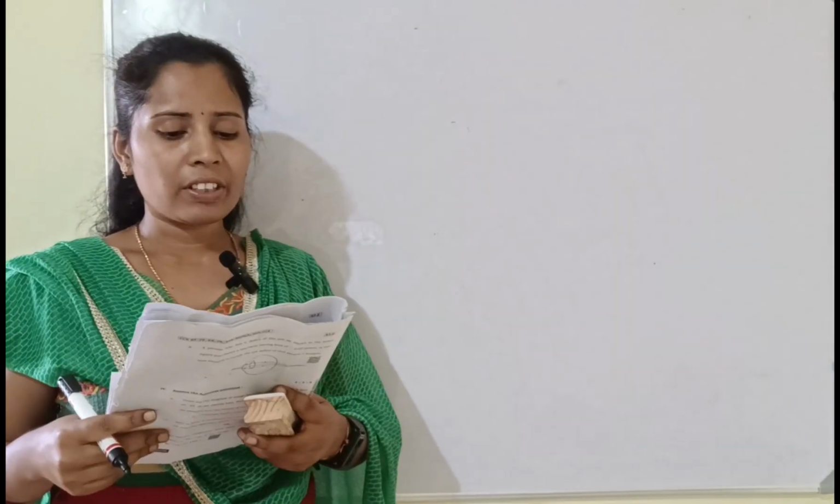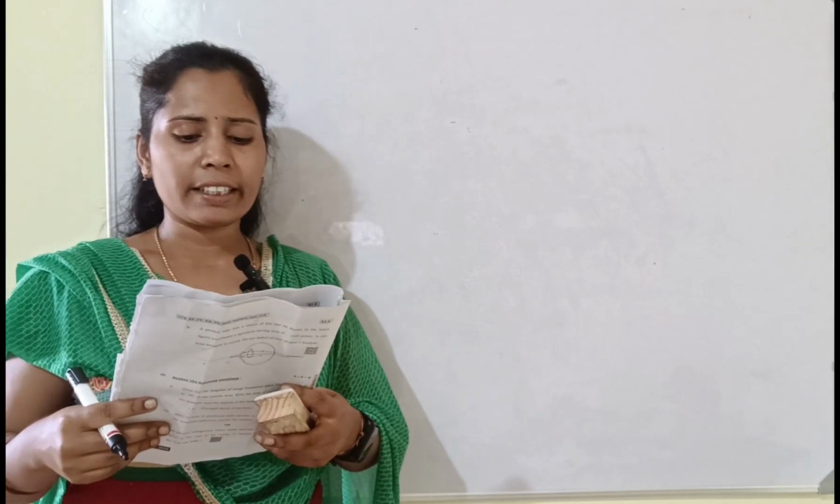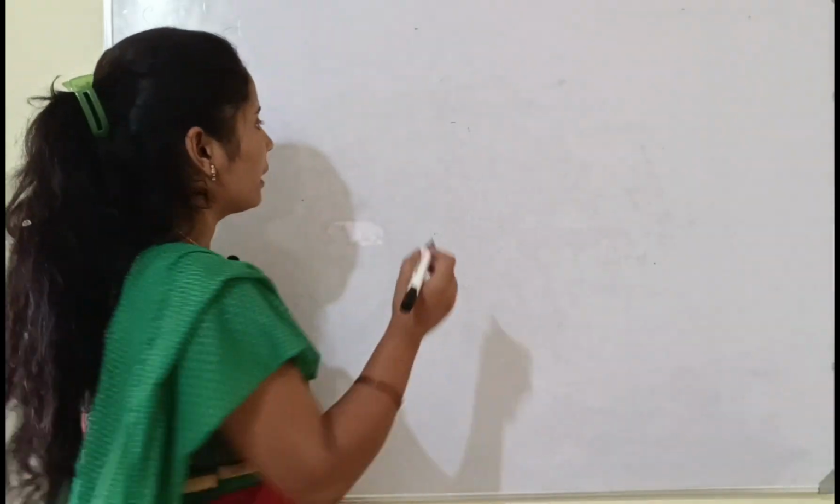So for 11th question, we have an option. A coil of insulated copper wire is connected to a galvanometer. What will happen if a bar magnet is pushed into the coil? So this is an example of Faraday's experiment. You all know the Faraday's experiment.